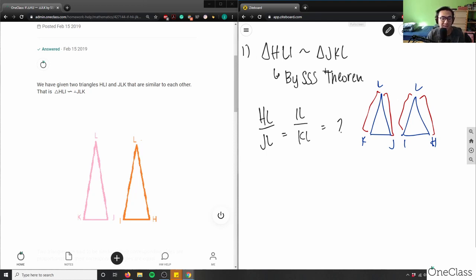So how do we use SSS theorem? First of all, what is SSS theorem? Second, how do we use it to write down another ratio to prove that triangles HLI and JLK are similar? Sorry, this is JLK, the order was kind of bad. Let's take a minute to think about this problem.